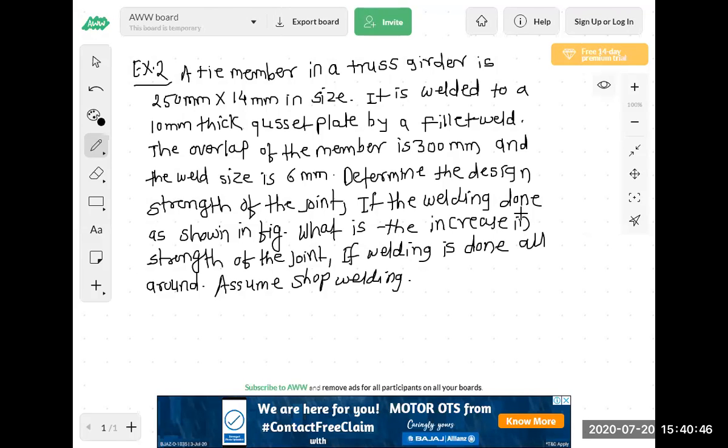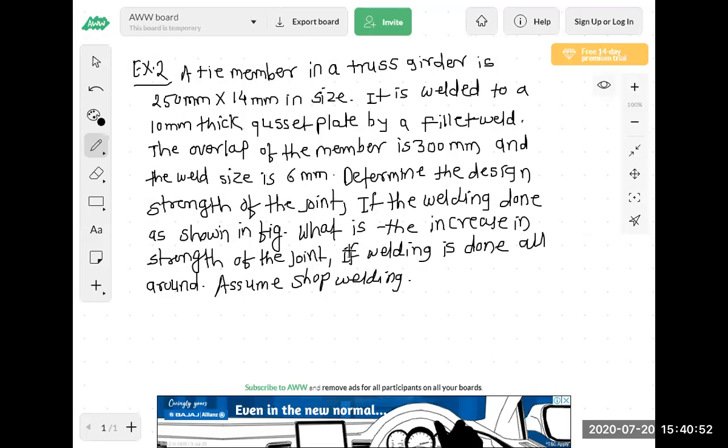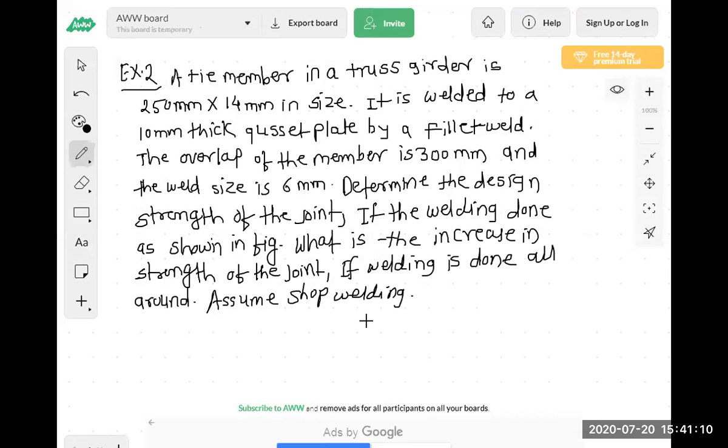Here two cases are given, and what is the increase in strength of the joint if welding is done all around. Assume shop welding. Okay, now they have given the figure, so we will draw the figure.